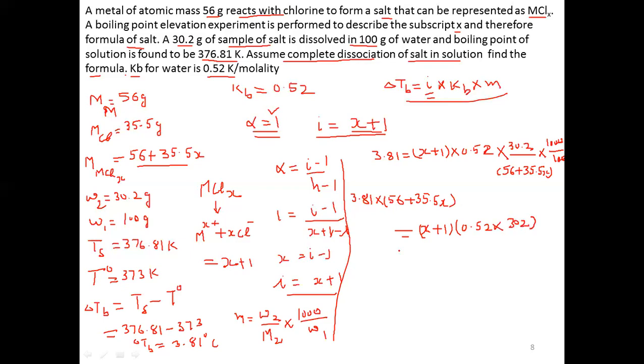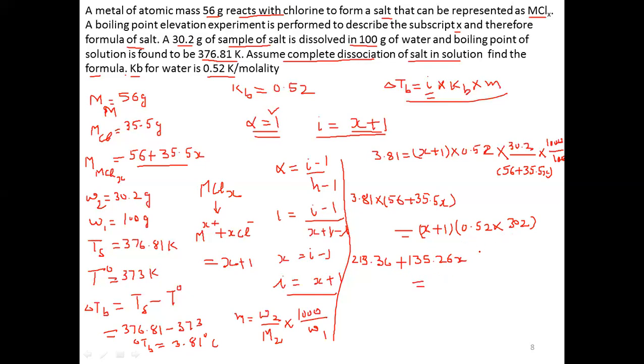Let us see this side. 3.81 into 56 is 213.36, plus 3.81 into 35.5x, which is 135.26x. This is equal to x plus 1 times the right side.